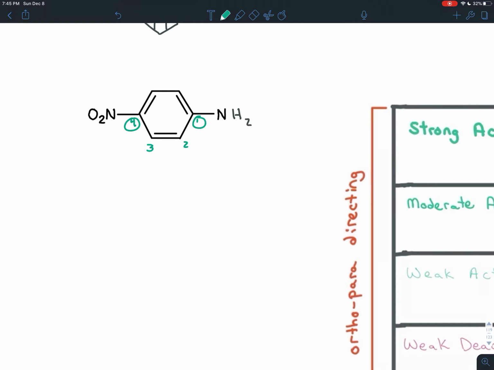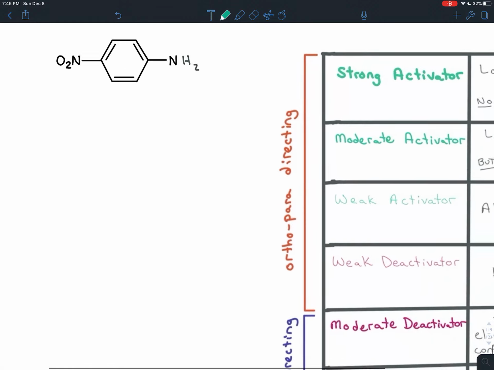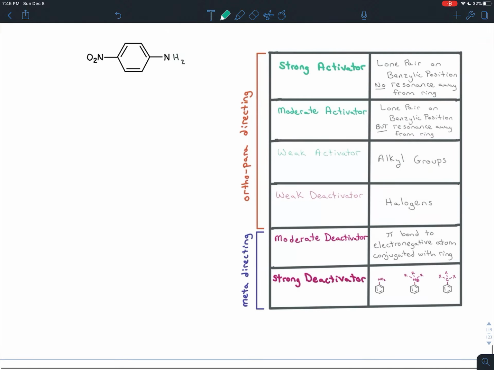If two branches are 1, 4 on a benzene ring, that means they're para. So you want to add these in the para orientation. So let's think about what type of directors they are. The nitro group is a strong deactivator and a meta director. So we don't want to add that one first. We don't want that to be on the ring first.